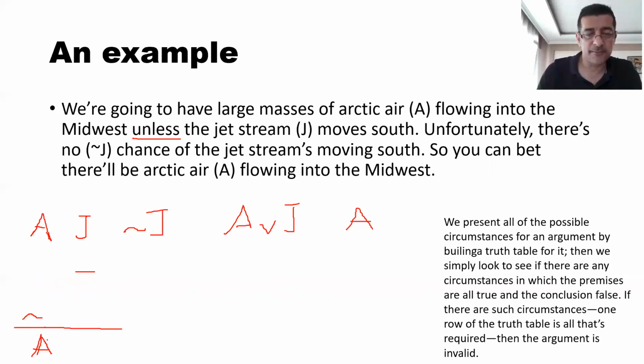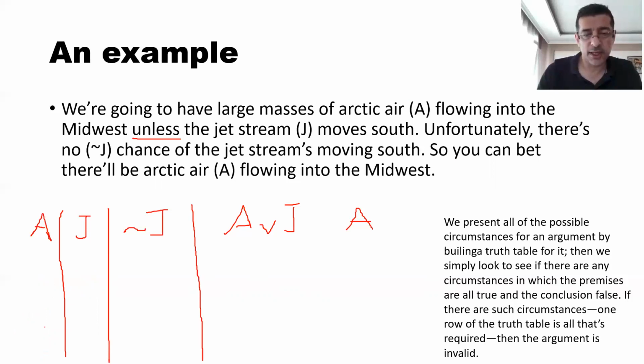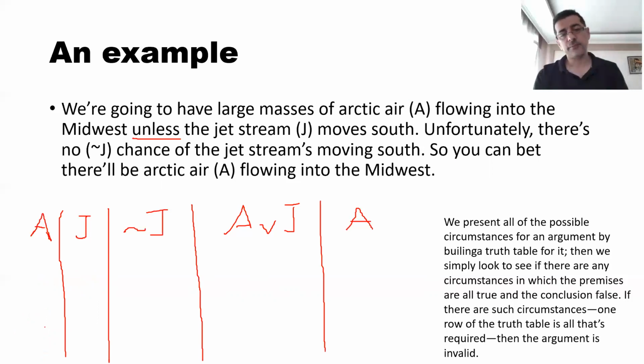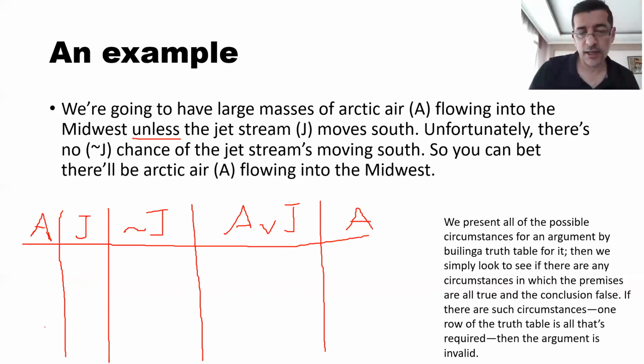Okay, and all right, so I can just start. So one column here, one column here. I'm just going to draw these so you will see how we can do this. So again, we have two propositions. How many rows? We will have 4 rows.